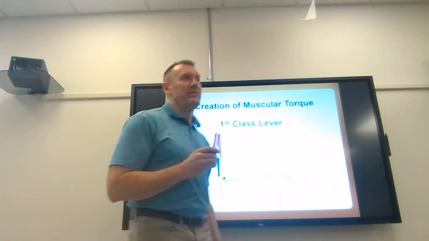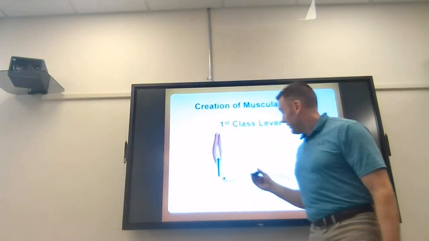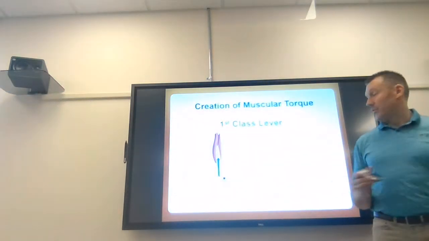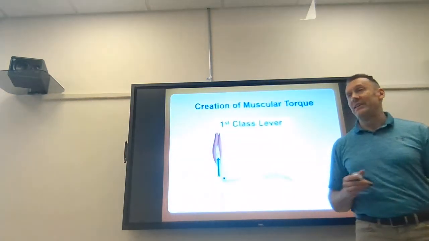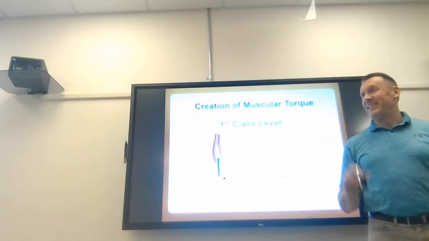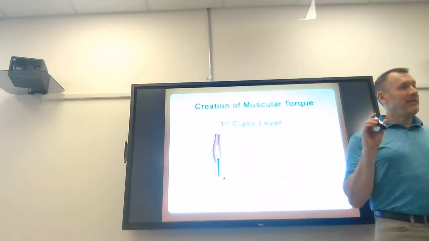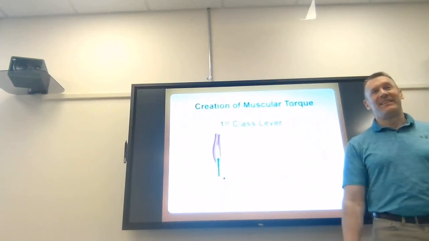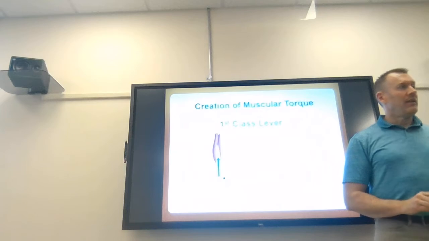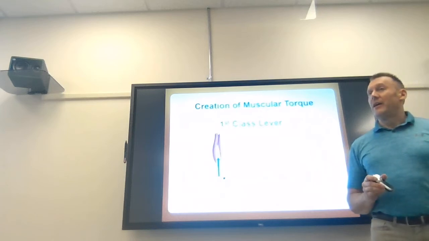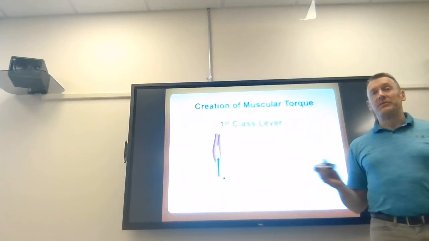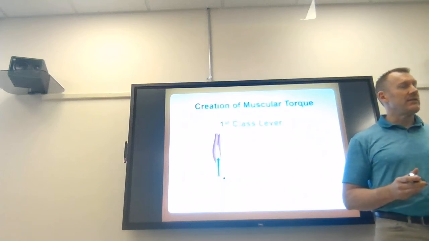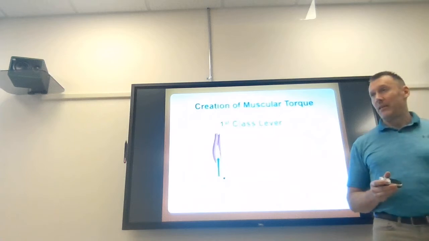Yes, yeah. So if you think about it, the resistance is creating elbow flexor torque. Because if the resistance is more than what the muscle can handle, what's the elbow going to do? It's gonna flex. But then if the muscle's winning the battle, what's the elbow going to do? It's going to extend. So that's really, in simple terms, what happens with movement: we have muscular torque that competes against resistive torque.